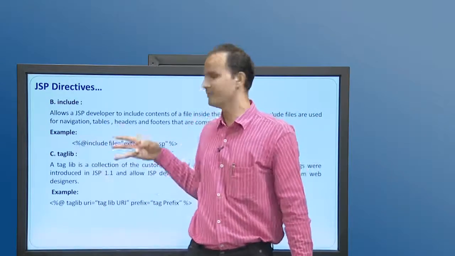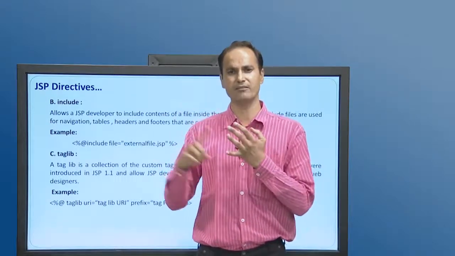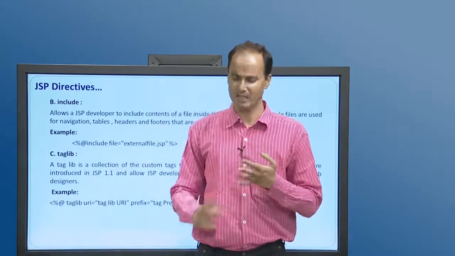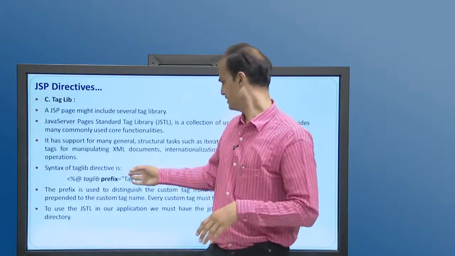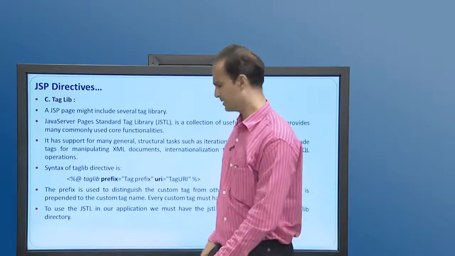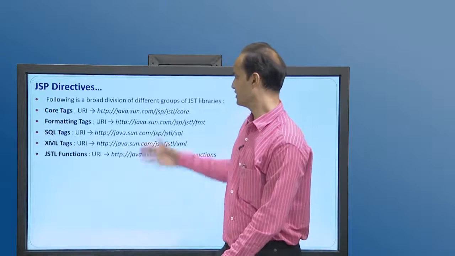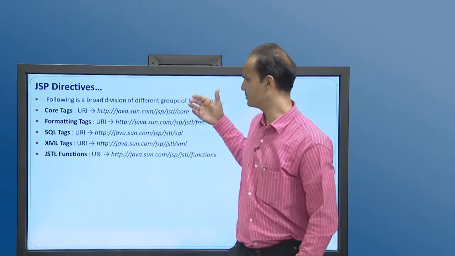So, these three were the directives of the JSP file: page directive, include directive and taglib directive. Here we are using the URI and the prefix, and these are examples of inbuilt taglib libraries.